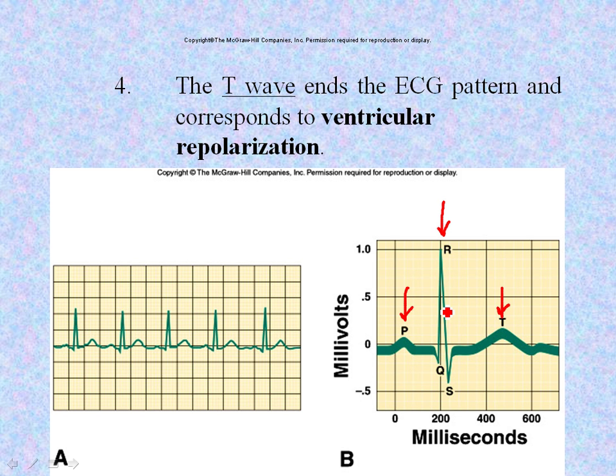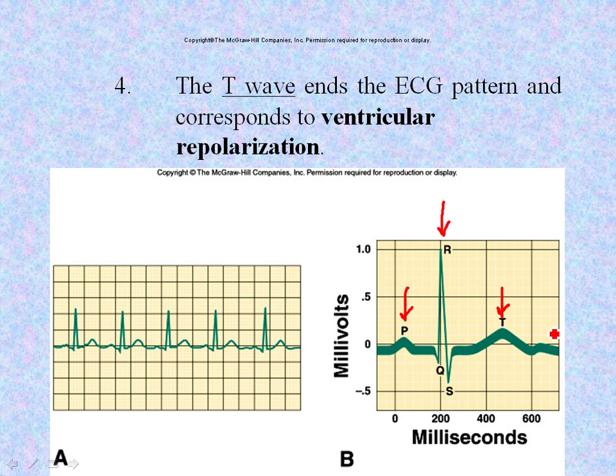At the time when the atria are relaxing or repolarizing, the ventricles are actually contracting, or getting stimulated or depolarized. So this QRS wave complex is atrial repolarization, but it's also ventricular depolarization. After ventricular depolarization, where we stimulate those muscle cells to contract, then the ventricles are going to repolarize and relax again.